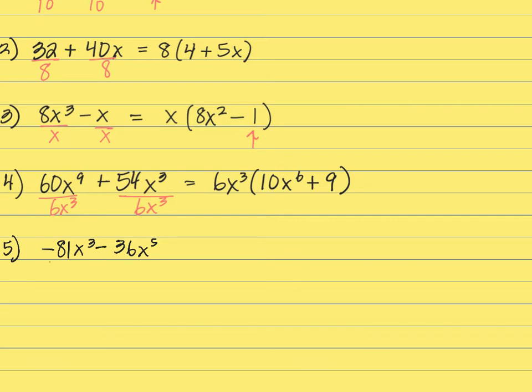Would that be 9? So they both have a negative, so I'm going to do negative 9. And the most I can do is x to the 3rd, because that is the most x's they have in common. So I'm going to keep the negative 9x to the 3rd. That's what I'm factoring out. And then when I divide this out, that leaves me with 9, and then that's a plus 4x squared.